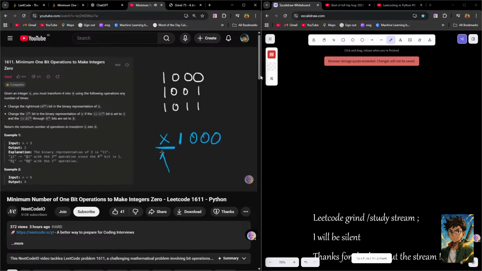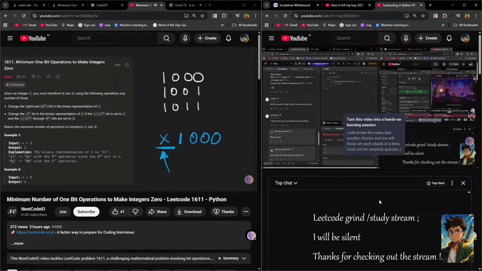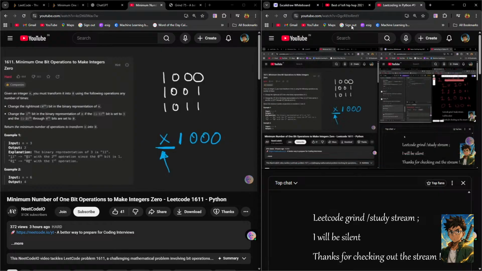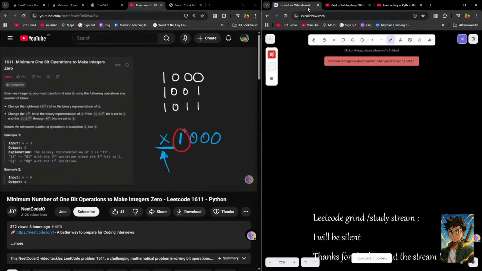Cool. So we can change this guy. Perfect. Now, of course, we can't change this bit because there's not a 1 to the right of it. What about the rest of these? Of course, can't do those either because they're all 0s.